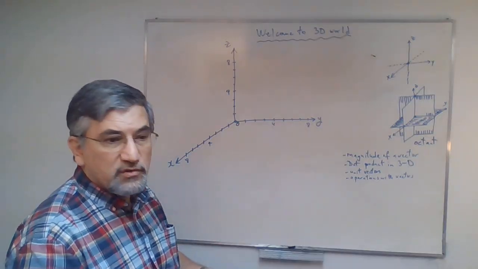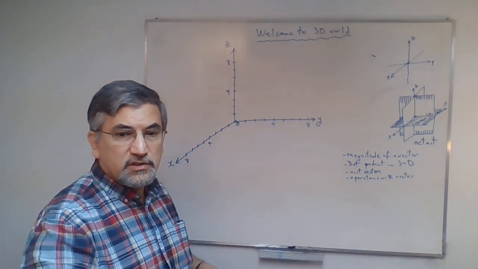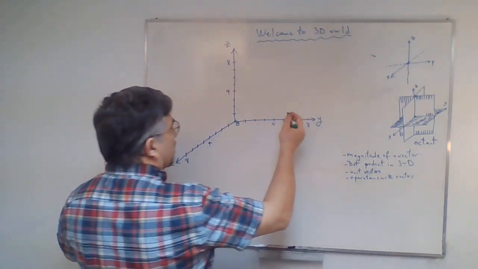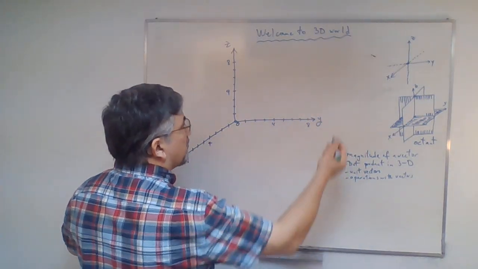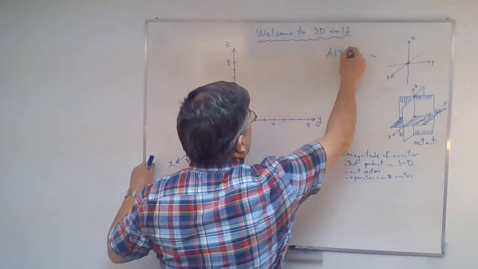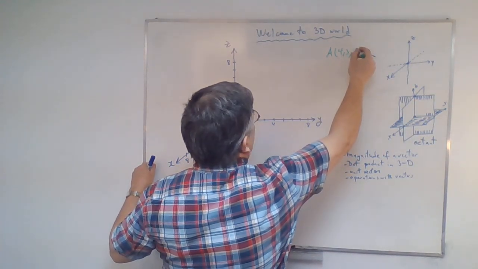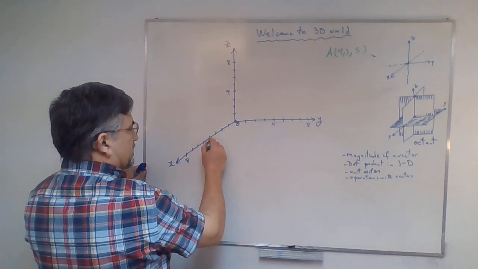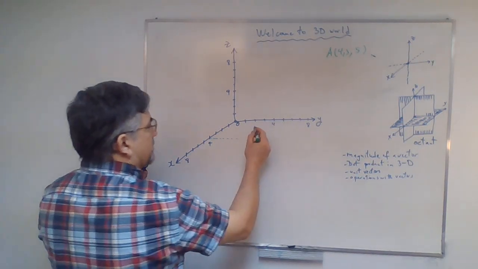If you have a point, other than having an x coordinate and y coordinate, it's going to have a z coordinate as well. So let's plot a point with coordinates, let's say, 4, 3, and 5. 4 is the x coordinate, and the y coordinate is 3.